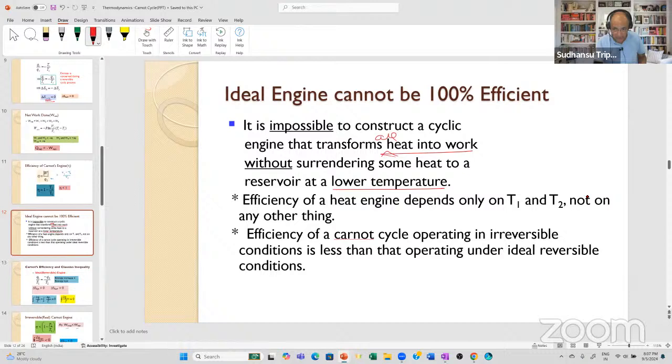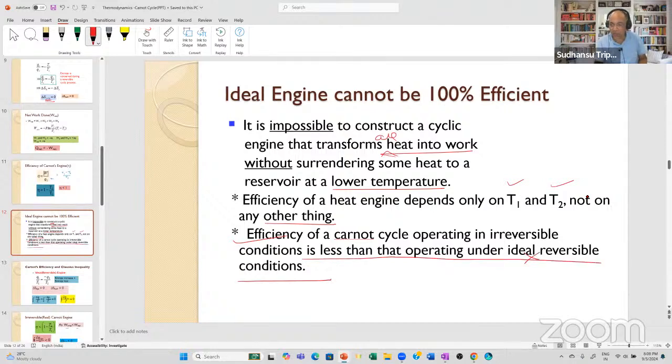So the efficiency of a heat engine only depends on T1 and T2, the temperature of the source and the temperature of the sink, because we learned it is 1 minus T2 by T1, not depending on any other thing. So the efficiency of a Carnot cycle operating in irreversible conditions is definitely less than that operating under ideal conditions.